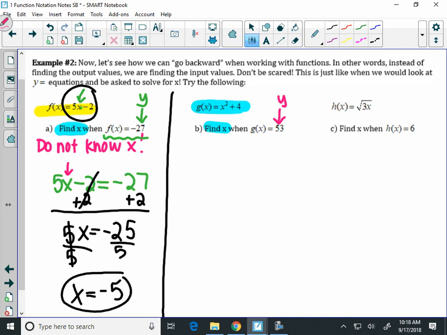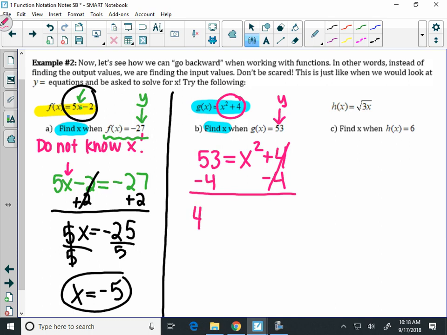So you take that 53 and you set it equal to your function so that you can solve for x. Now here, to solve this one for x, we're going to start by subtracting 4 from both sides. 53 minus 4 is 49 equals x squared. And the opposite of squaring something, the way we get rid of that squared, is to take the square root.